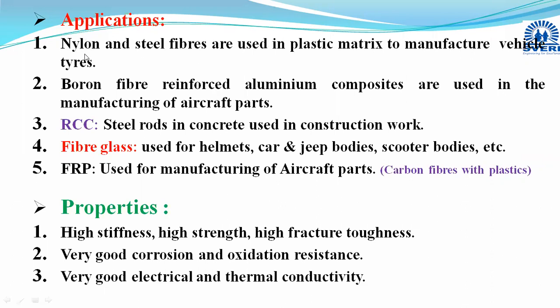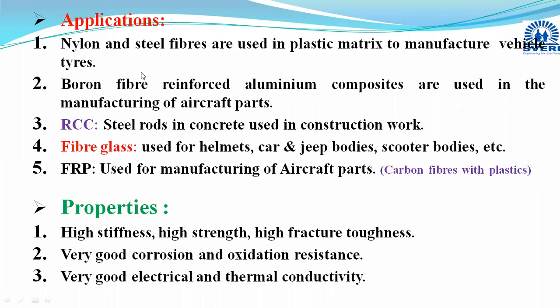It will be soft and ductile, and steel fibers are introduced in it in the form of tubes or wires. This nylon is nothing but a plastic material, and in this plastic material we are using steel fibers.